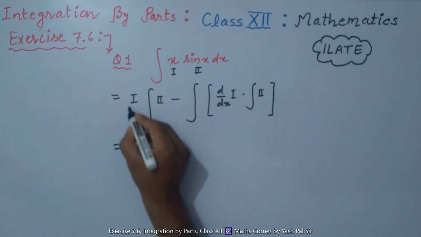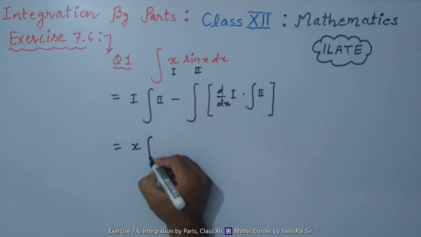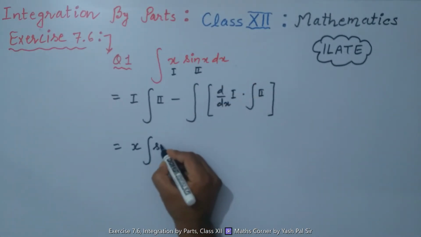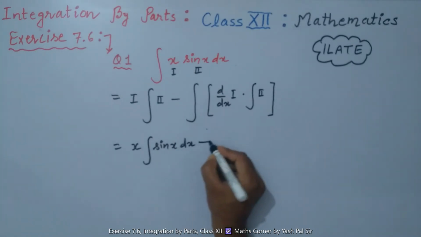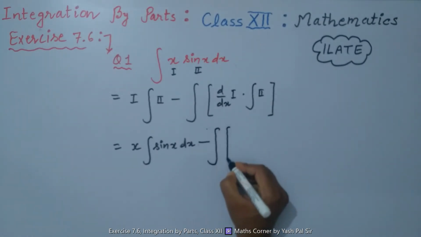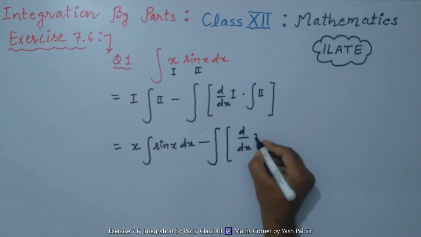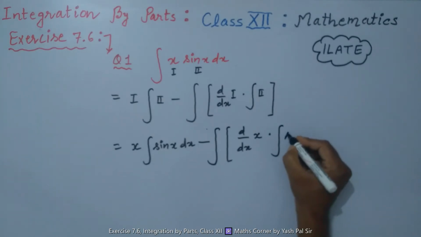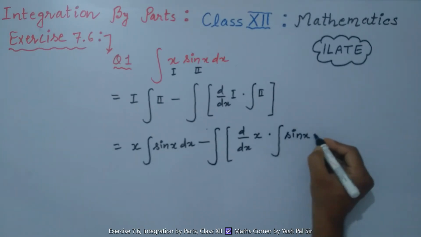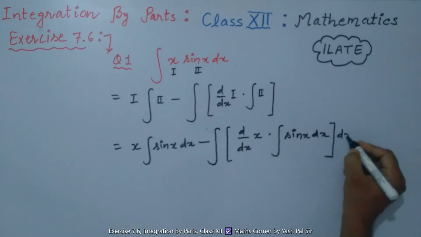So accordingly the question becomes: what is the first function? This is x. And what is the second function? This is sin of x. Minus the integral of, what is the derivative of first function? Right here x, then integration of second function is sin of x, so bracket closed, dx.